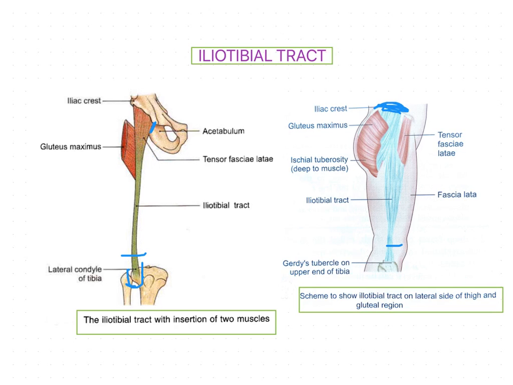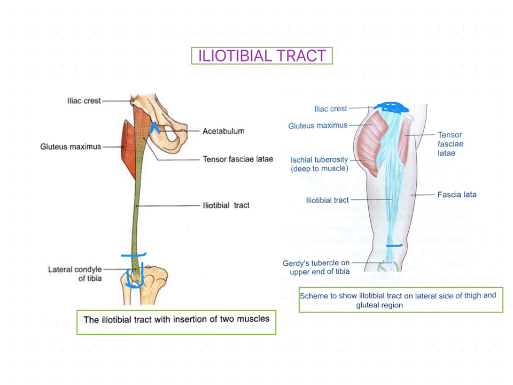Superiorly it splits into a superficial lamina, attached to the tubercle of the iliac crest, and a deep lamina, attached to the capsule of the hip joint. Inferiorly, it is attached to a smooth area on the anterior surface of the lateral condyle of the tibia.